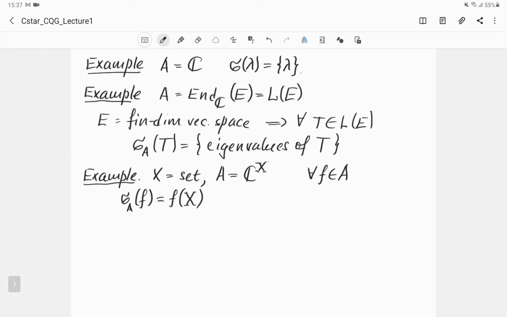And the same is true for a number of other important function algebras. For example, the same is true for the algebra of continuous functions on a topological space, essentially for the same reason.